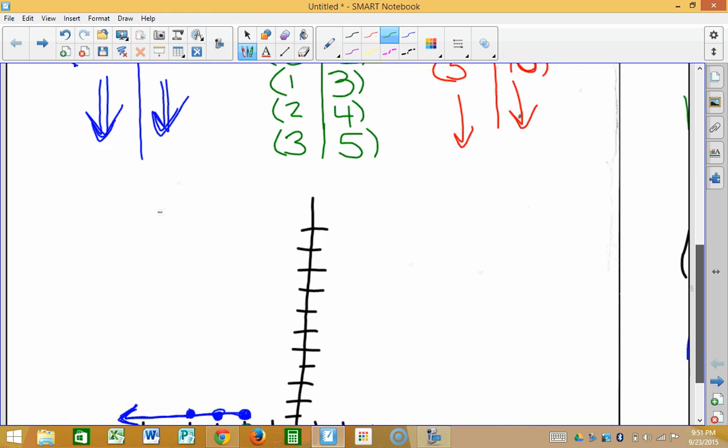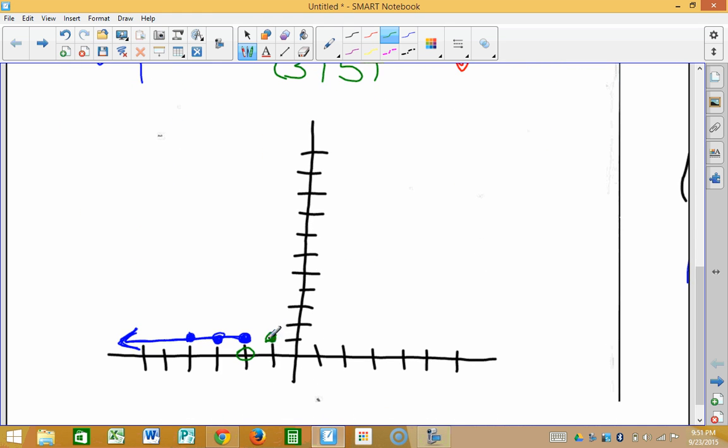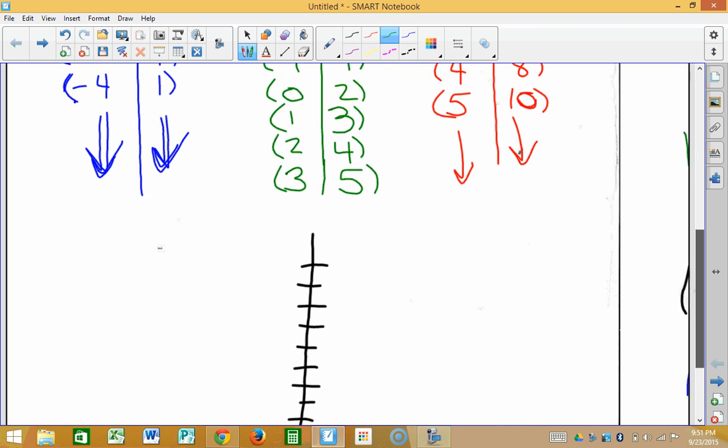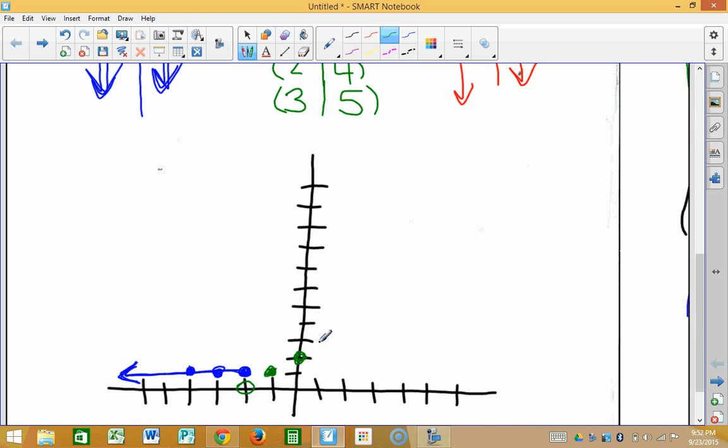So -1, 1. 0, 2. 1, 3. 2, 4. 3, 5. These are all solid dots.